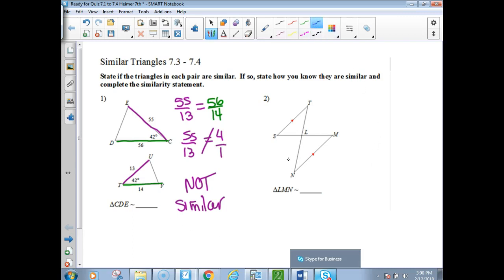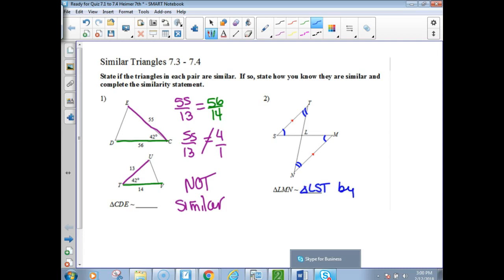Okay, the next one, these triangles have parallel lines. Here we have the parallel lines, so you can consider the other sides, etc., as transversal. So we've got alternate interior angles congruent, and we got it going this way as well. So these are definitely similar. It says triangle LMN, that would be similar to triangle LSP.